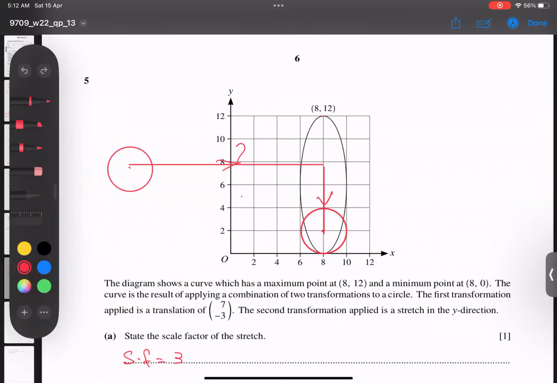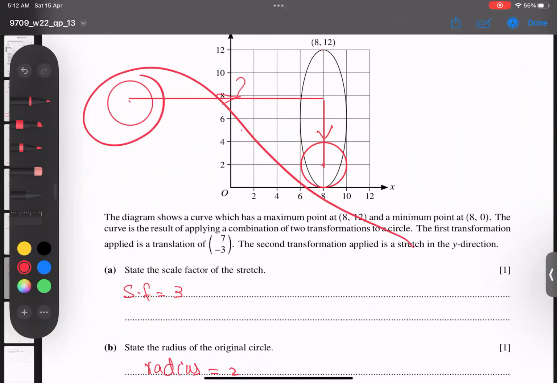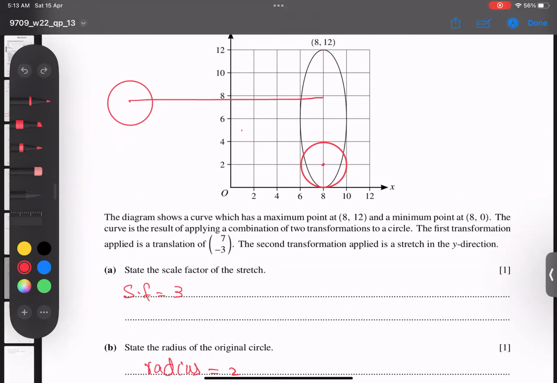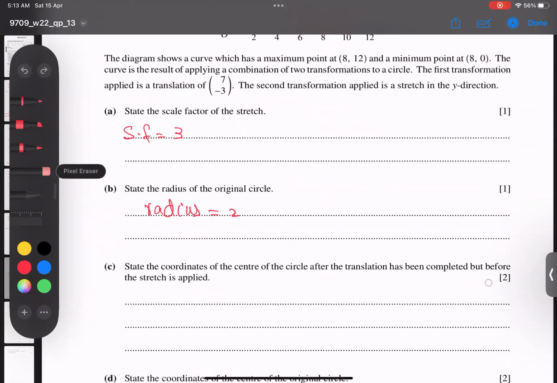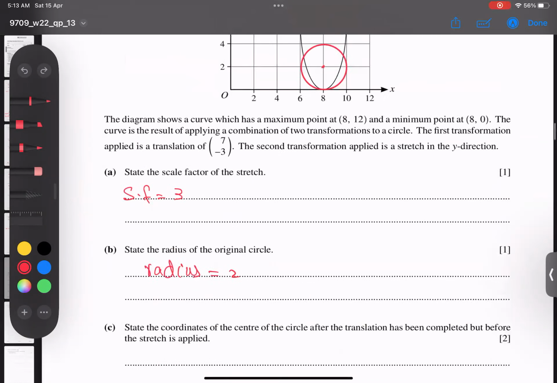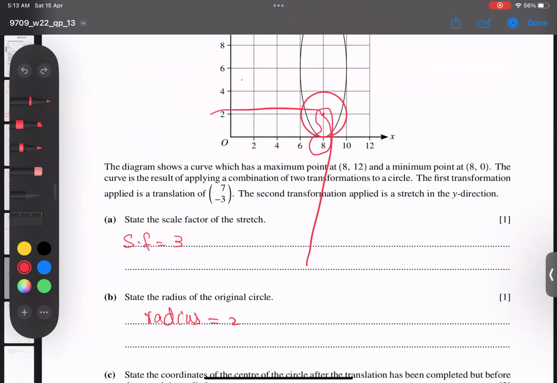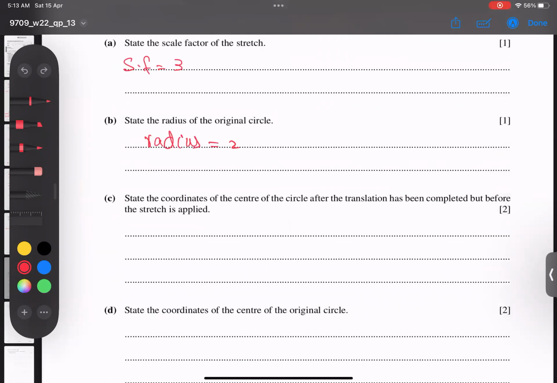But he is not asking us about this original circle. No, he's saying after translation, before stretching. Read it. He said before, and look at it, before stretching. So not enlargement, stretching, sorry. So it means the center, what is the center turned to be? X is 8, Y is 2. So the center of the circle is coming here, 8, 2.